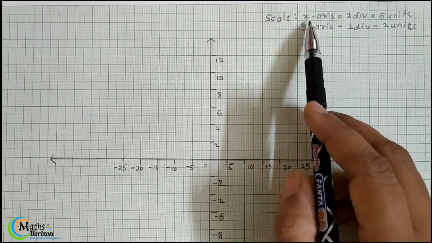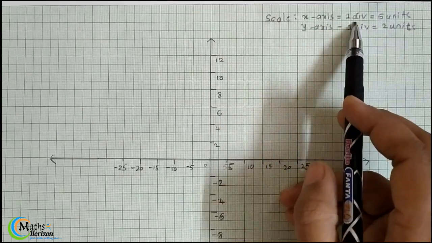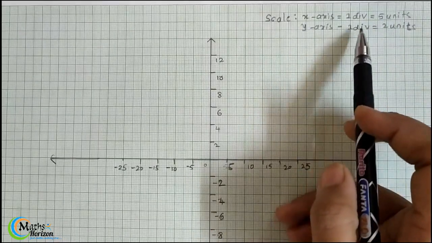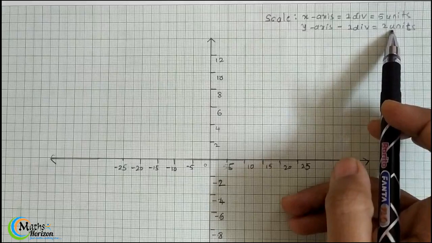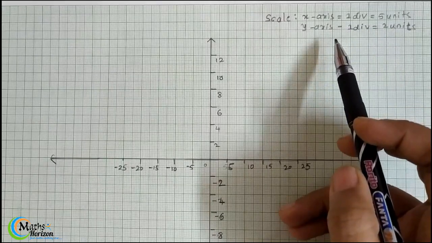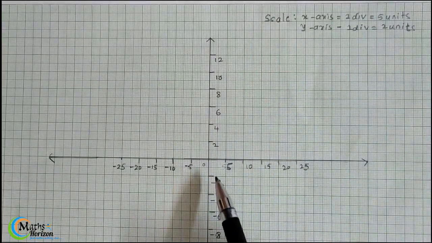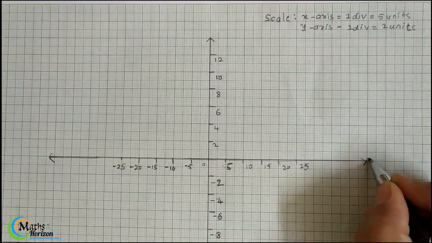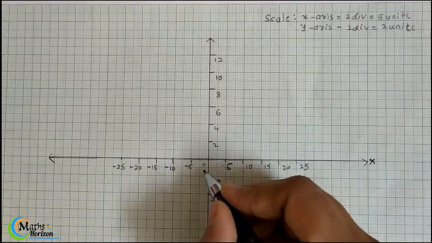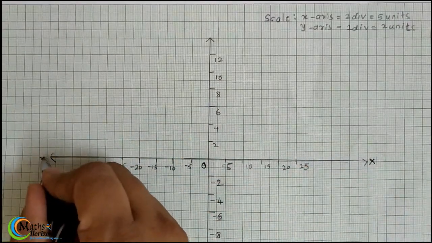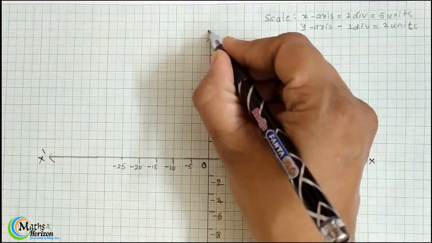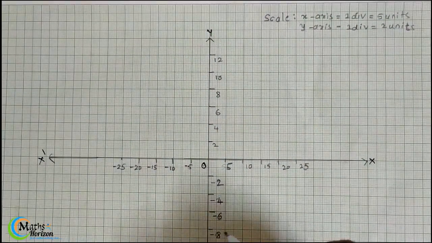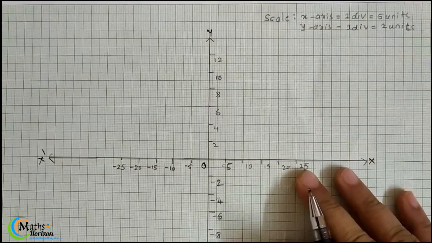So we can write x axis 1 division is equal to 5 units, and y axis 1 division is equal to 2 units. So like this we can set. Now according to this, for x axis this is XOX dash, and YOY dash. So this is nothing but the coordinate system.